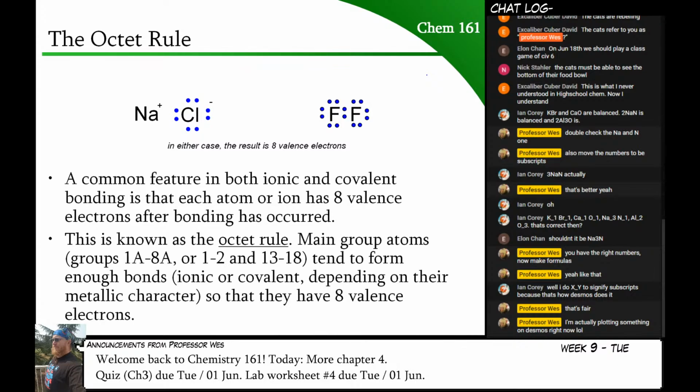And that's because, again, if I want to fill an s and p subshell, I need 8 valence electrons. And so this is called the octet rule. You may have heard the octet rule if you've taken chemistry before. You've definitely heard it if you took Chem 140 with anyone here at EVCC.